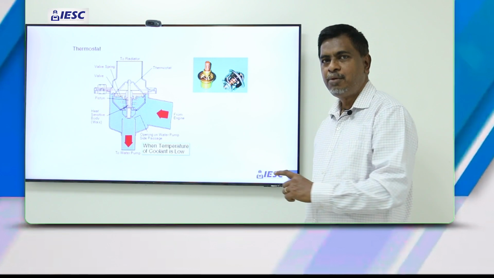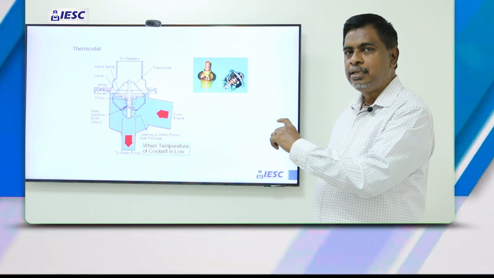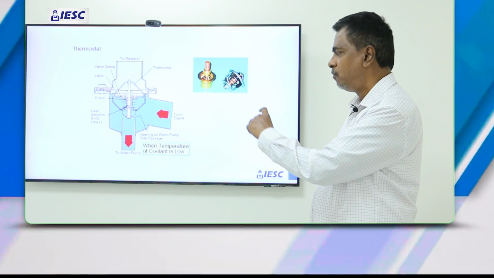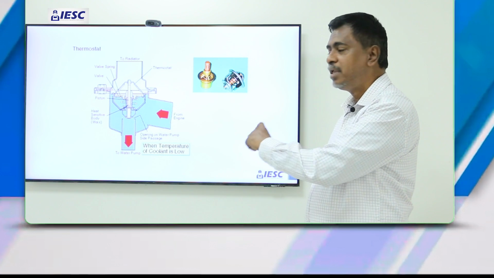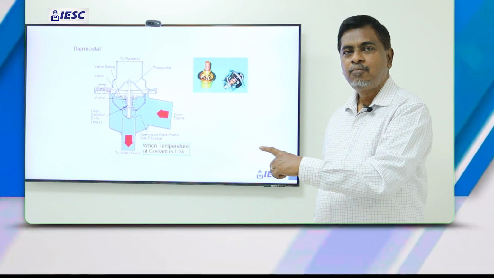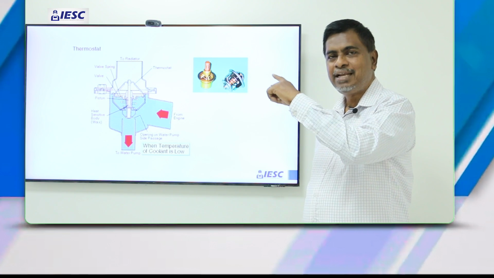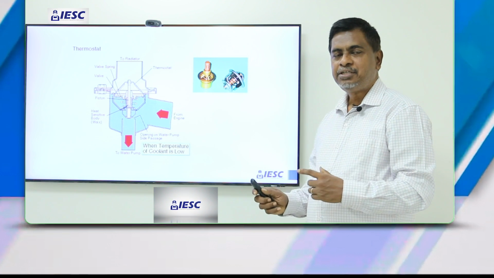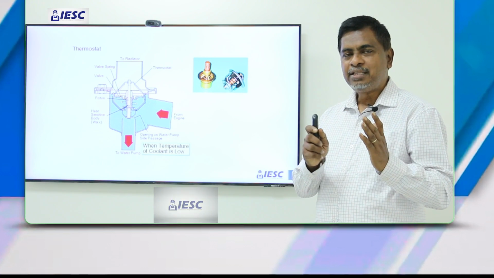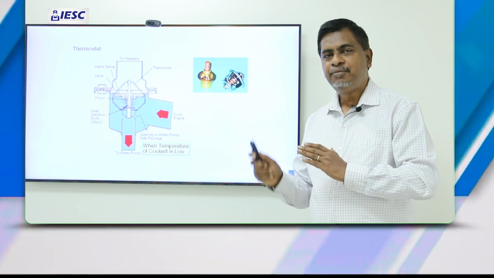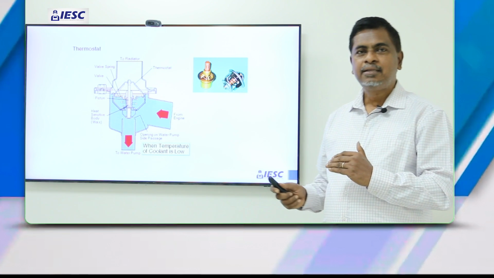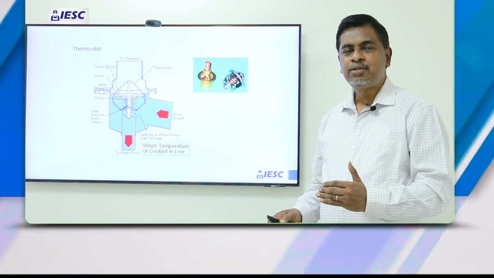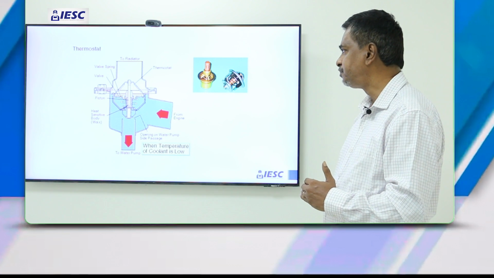When the optimum temperature is reached, the thermostat valve opens and allows the coolant to go to the radiator to get cooled again for circulation, and it maintains the temperature, depending upon the requirement, from 82 to 85 degrees centigrade, so that the engine temperature is maintained and the performance of the engine is in the optimum condition.